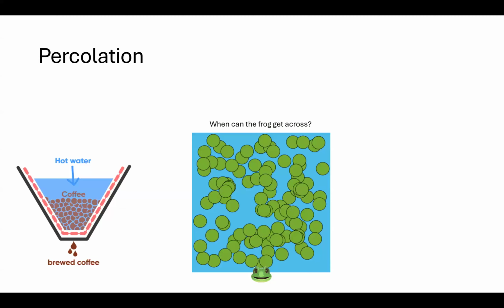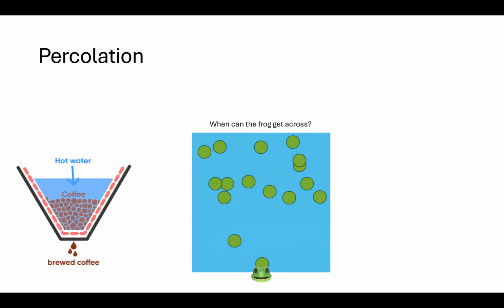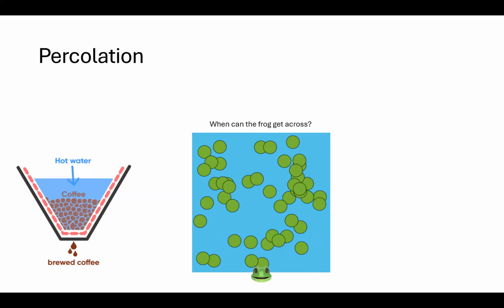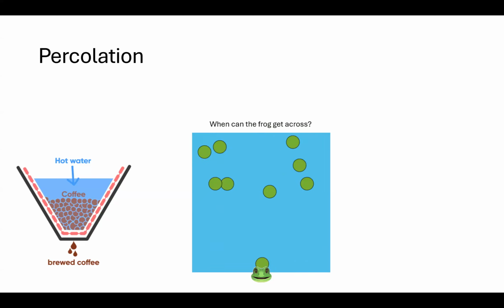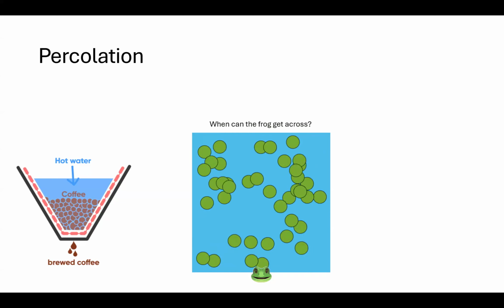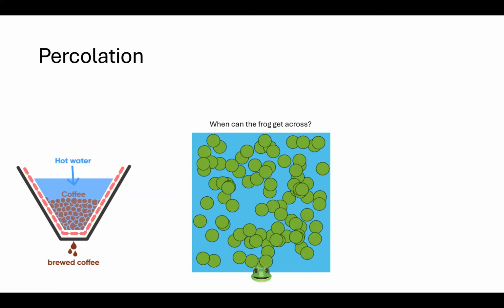So if you have a network consisting of nodes with a certain amount of connections between the nodes, there's a certain amount of connections you can have where there is a single component that spans the entire system. So when you hear this word outside of science or math, it usually refers to coffee, where you have a percolating network of pores between the coffee grounds that allow water to make contact with all the grounds.